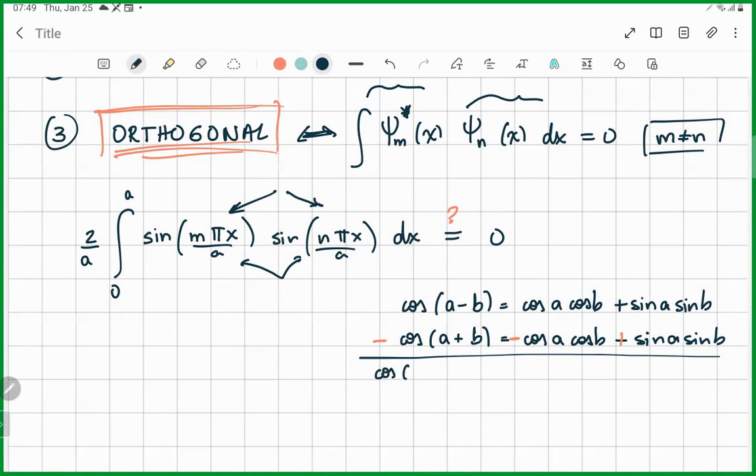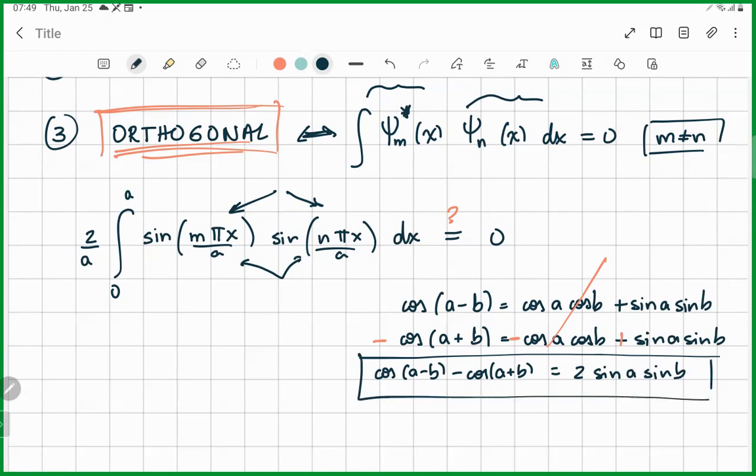Cosine of a minus b minus cosine of a plus b is equal to what? These two cancel, it is equal to 2 sine a sine b. So this is a very good relation for someone who is trying to solve this integral.